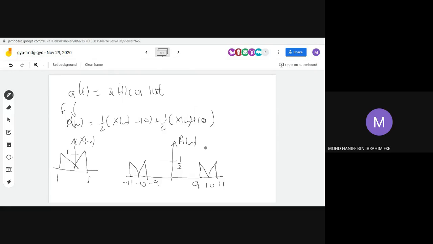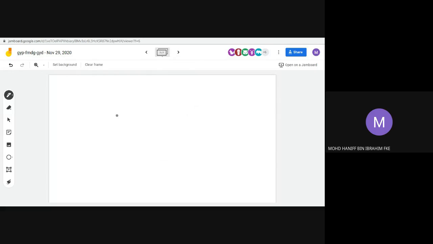Okay, and if we recall your diagram, the system equation, the H1(ω), is given by this.